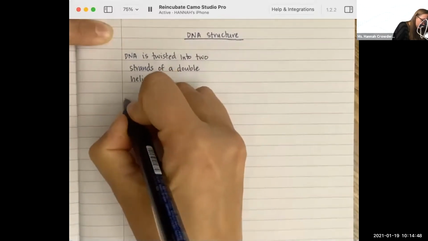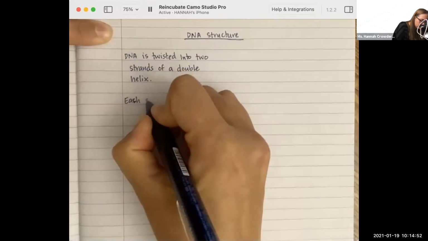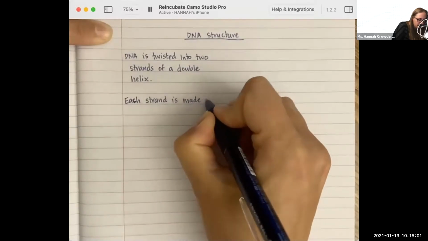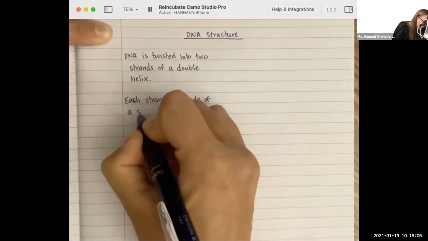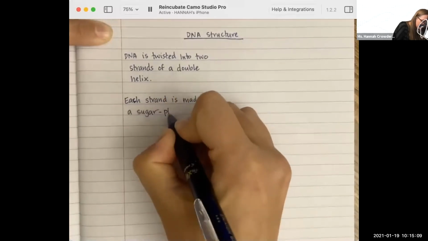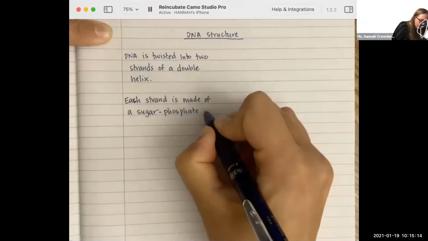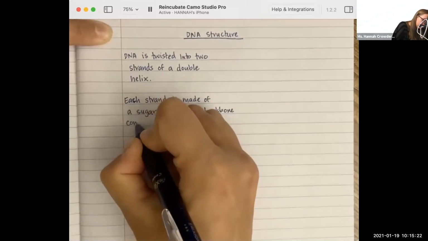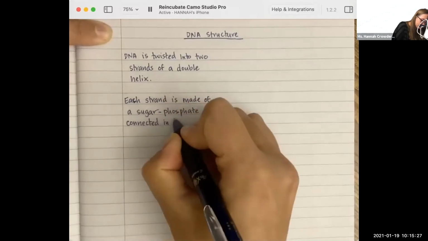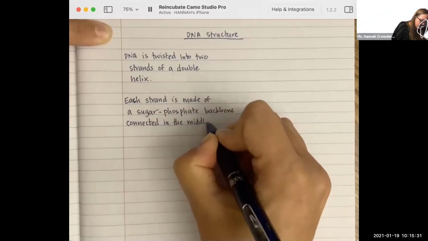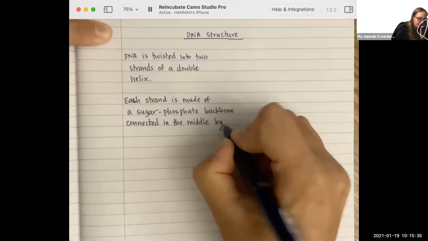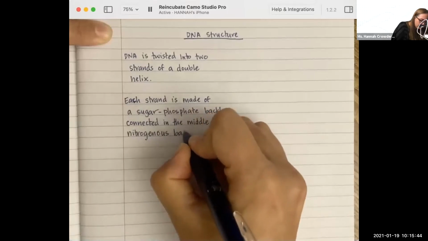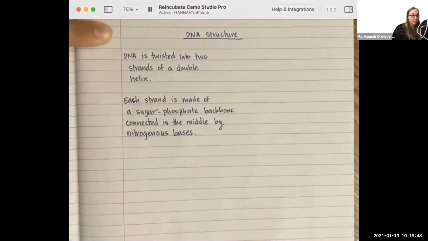Each strand is made of a sugar phosphate backbone connected in the middle by nitrogenous bases. And we're going to break each of these things down.